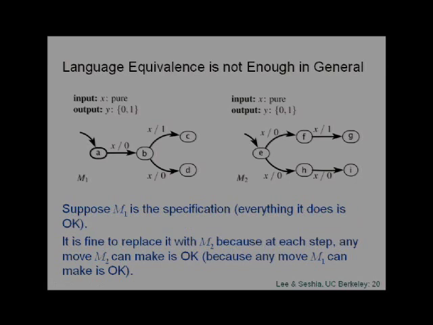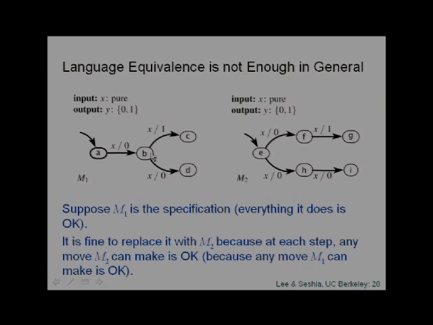So if M1 is my starting model, it's okay to refine it down to M2, because any system that uses M1 can also use M2. The set of behaviors that M2 produces can always be matched by something M1 produces. So if everything M1 produces is okay, then certainly everything M2 produces will be okay. Okay, so that's the relation between these.